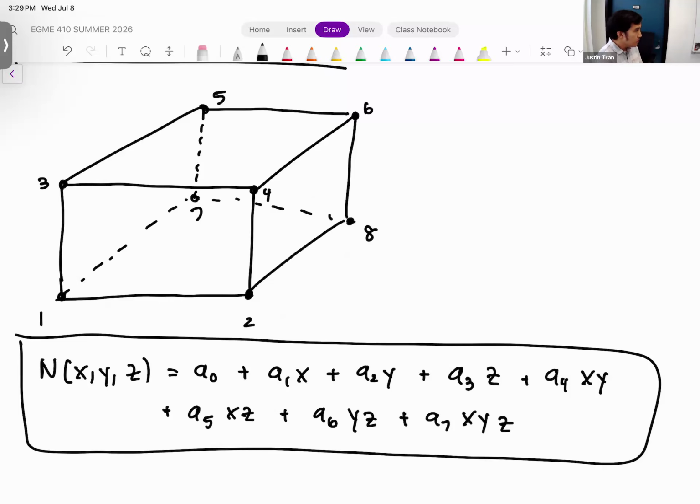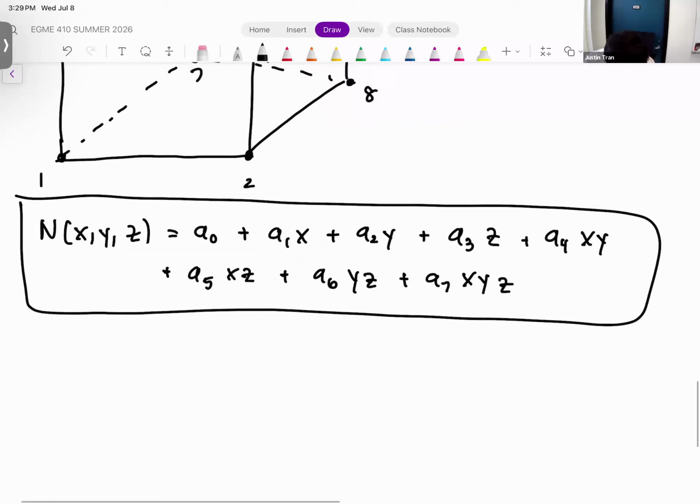So the linear hexahedron shares all the pros and cons with the linear quadrilateral that we talked about yesterday. On the one hand, our shape function here has a lot of nice terms in it. For being a linear element, we do get a lot of these higher order cross terms, so any products between two variables.